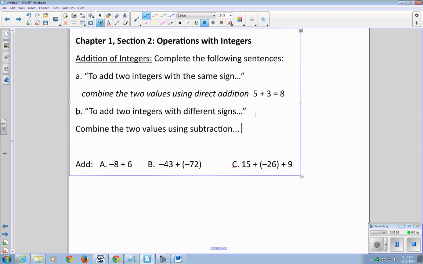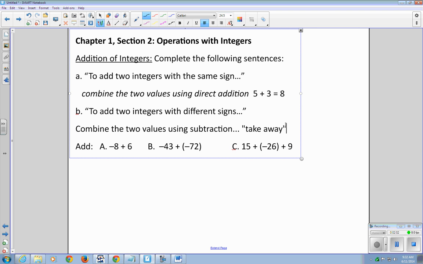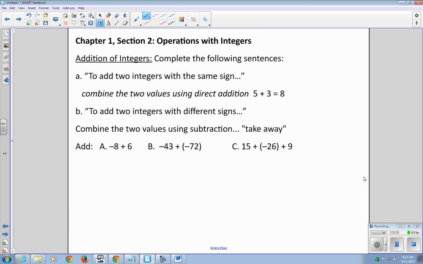That is, take away one number from the other. Usually we can just treat it as a direct subtraction, but we should go through and illustrate with a couple of examples right here. So let's talk about, for instance here, part A.